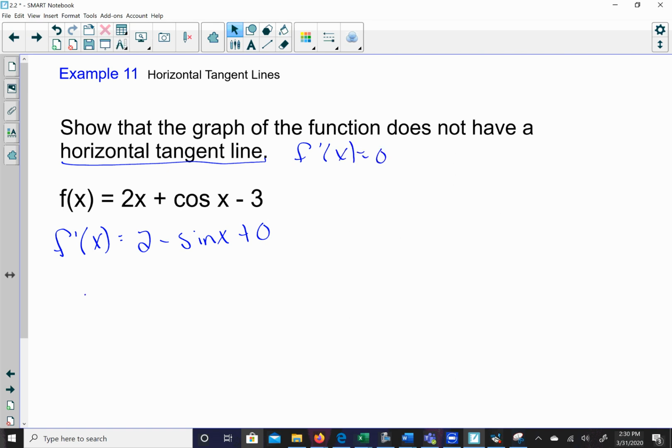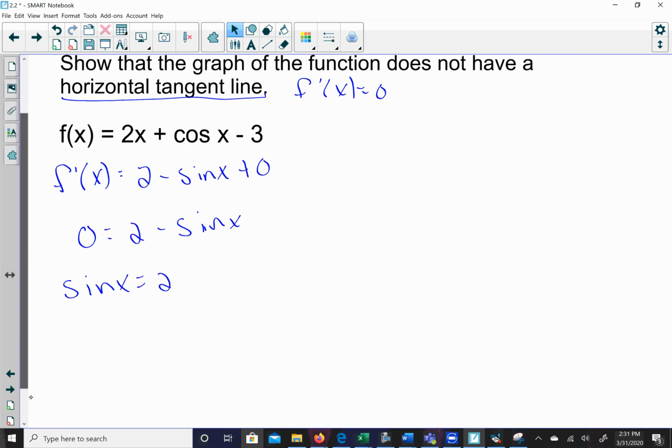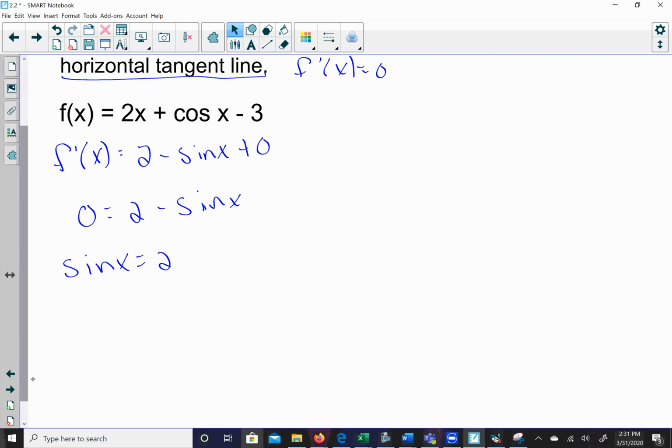So I'm going to put 0 in here, and then I'm going to solve for x. So I'm going to add sine of x to both sides. The sine of x is equal to 2. And if you remember anything from trig, you should remember that sine fluctuates between negative 1 and positive 1. It can never equal 2. So this is not possible. And since that is not possible, that means you have no horizontal tangent lines.